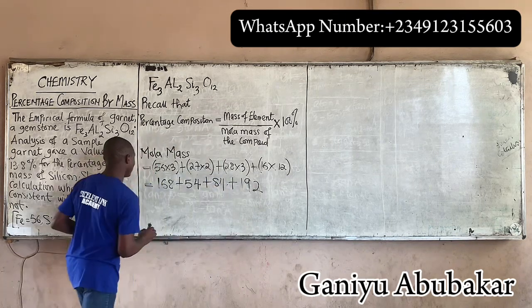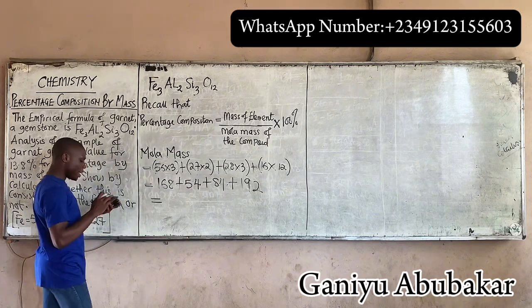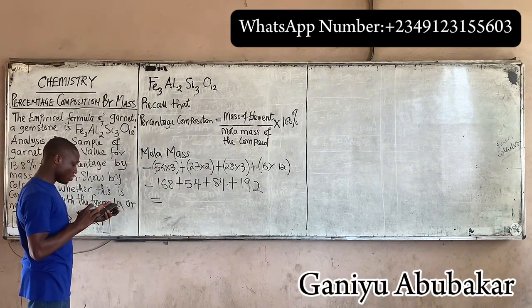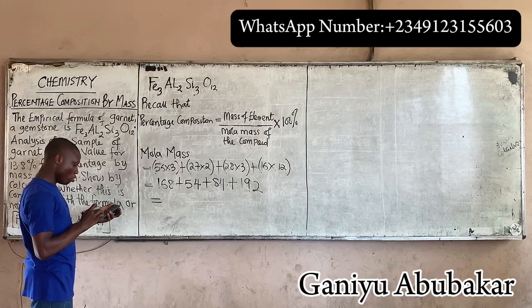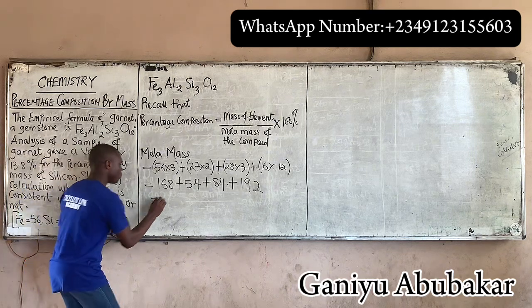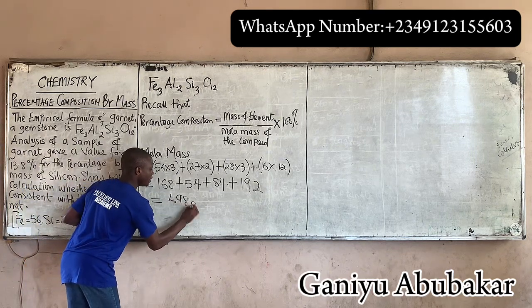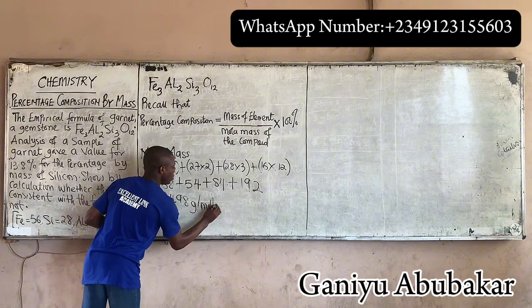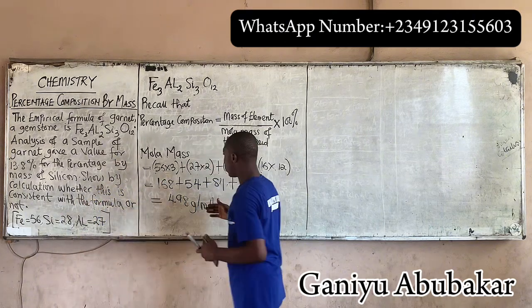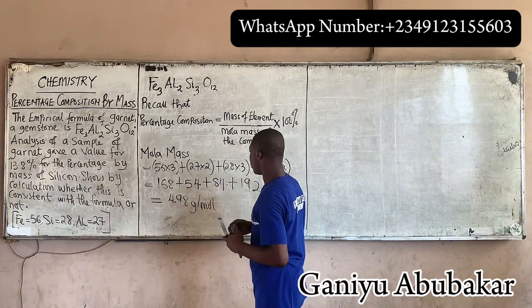If I add these values, my molar mass becomes 168 plus 54 plus 84 plus 192, which is 498 grams per mole. So that is the molar mass of the compound.